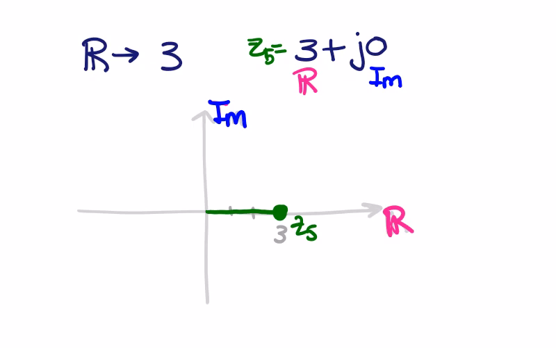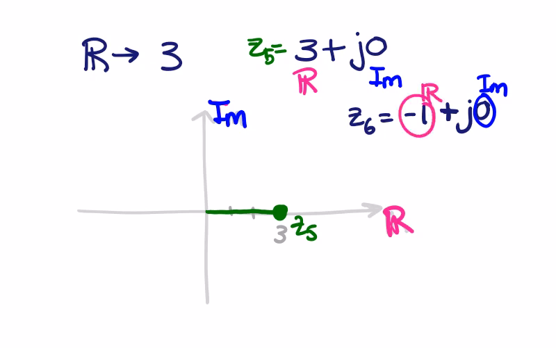If we called another number just negative 1, we would say Z6 equals negative 1. That's a plain real number, so there's no imaginary part, with 0 associated with the j, and negative 1 is our real part.